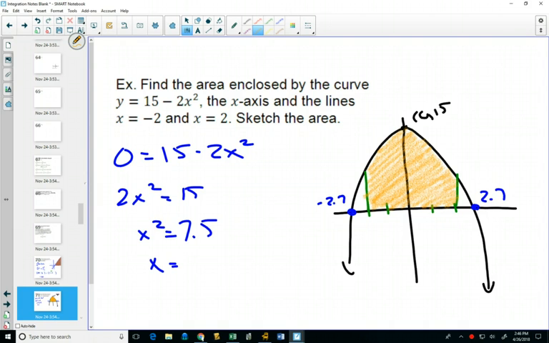I'm enjoying it more. There we go. Oh, feels pretty good right now. Much happier students than the last example. Okay. The parabola's not perfect.